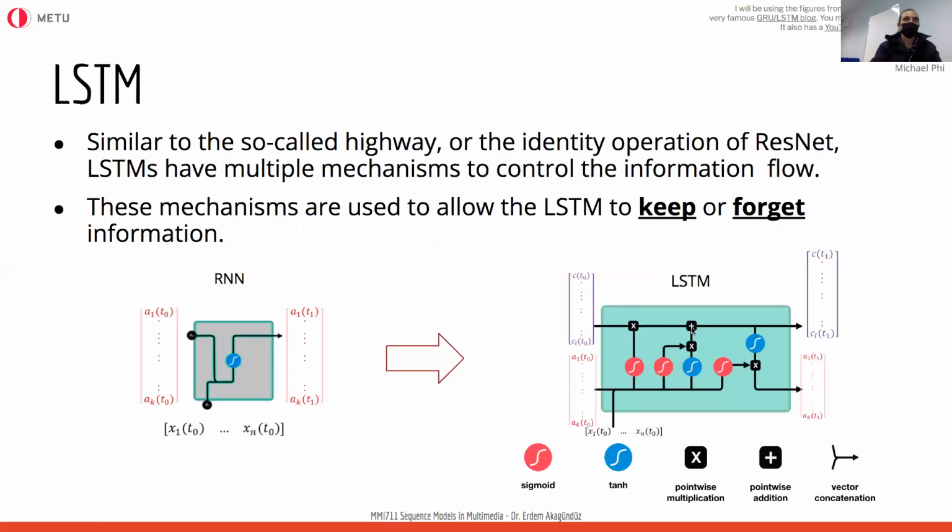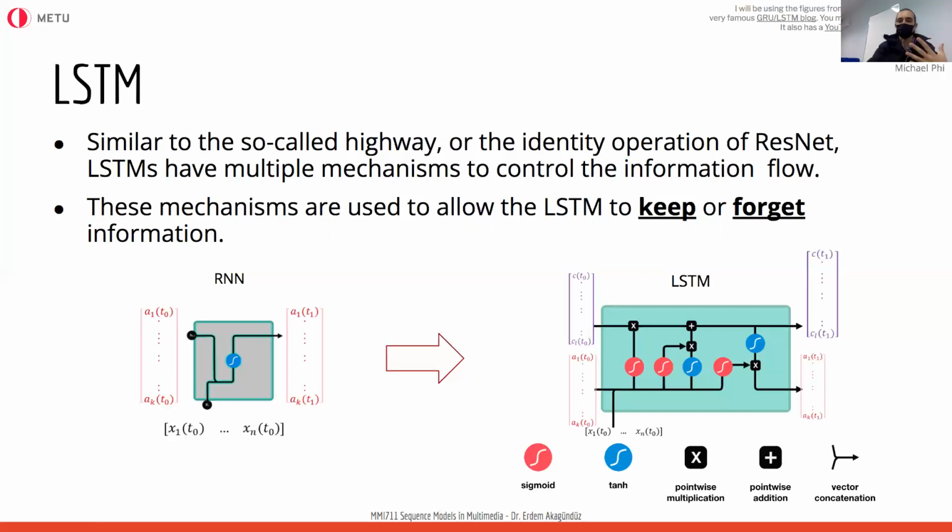Okay, so what is it? Similar to the so-called highway of ResNet, we don't have an identity in LSTM, we said. However, we have a fuzzy logic gate which partially controls the flow. And actually, these controls were handcrafted by some solid ideas.